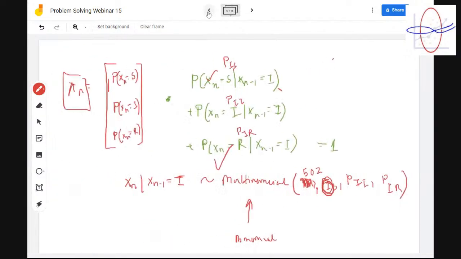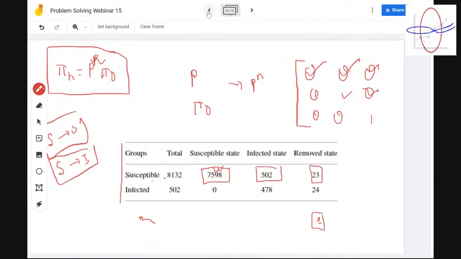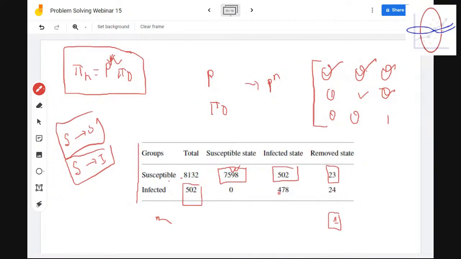Why 502? Because in fact we have checked 502 cases, so it can only have 502 trials. That's the idea. Did you get the idea, all of you guys? I don't want to use multinomial; I will explain what multinomial is later. But did you understand?